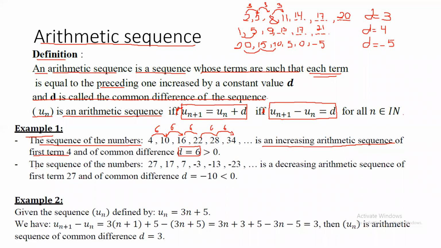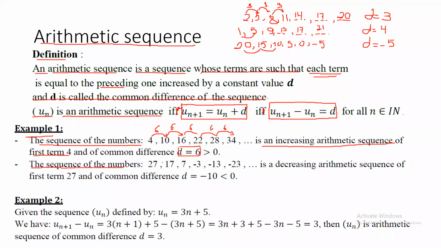Now another sequence of numbers: 27, 17, 7, minus 3, minus 13. Which number are we adding? 27 becomes 17.